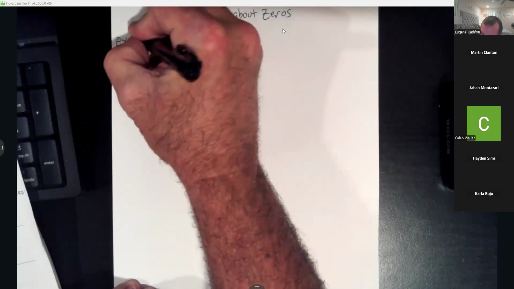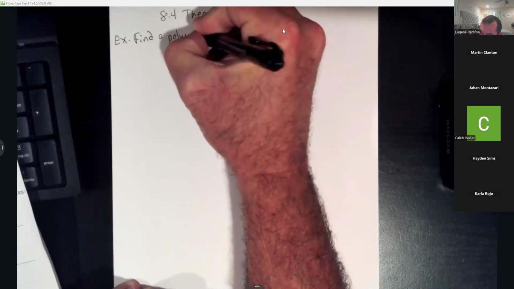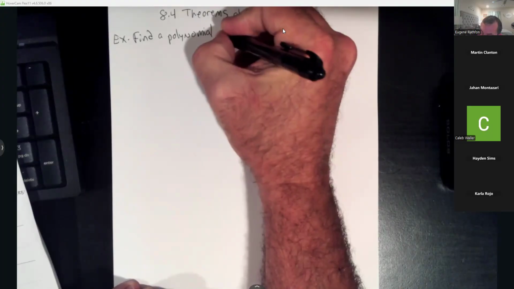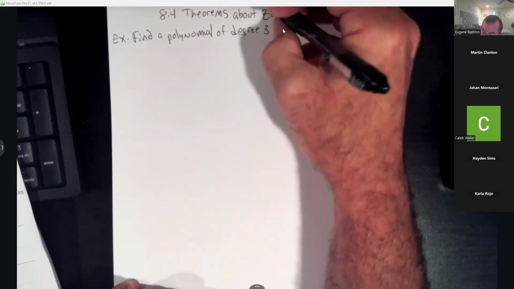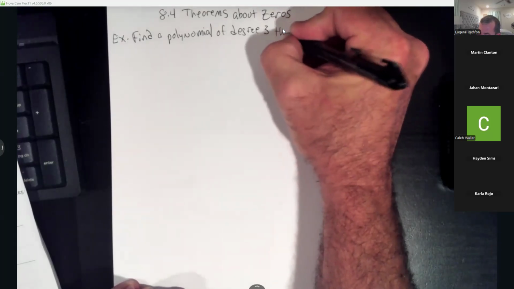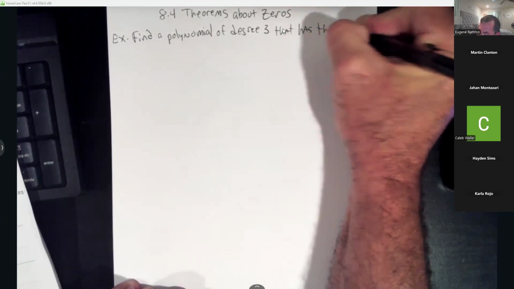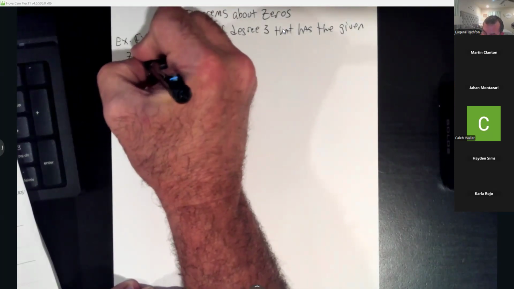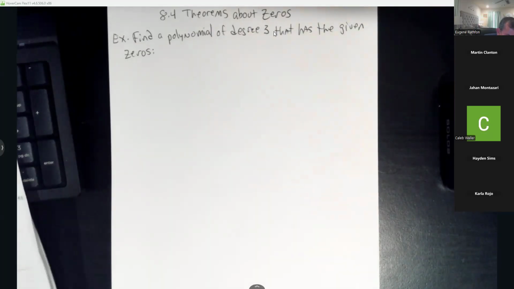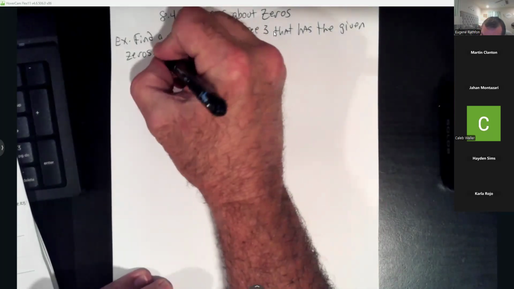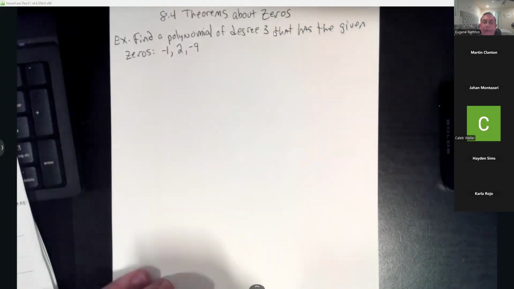So for this example, they want me to find the polynomial of degree 3 that has the given zeros. All right, the zeros they're giving me are -1, 2, and -9.